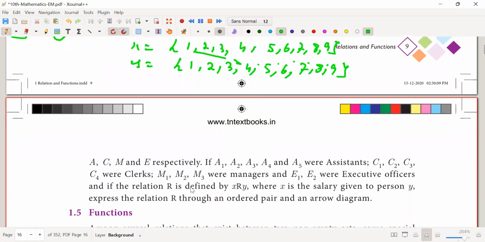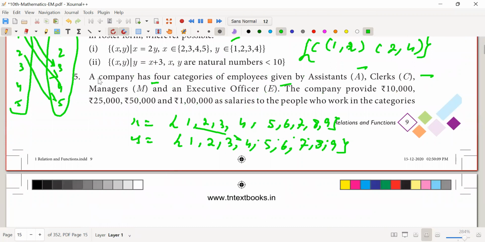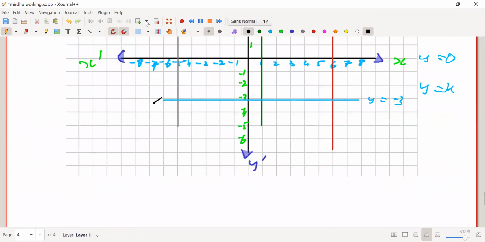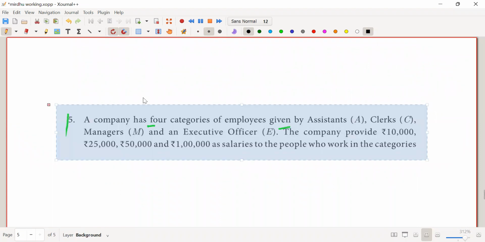Ordered pair. So how would this question be? It may look big, but in reality, it is nothing.